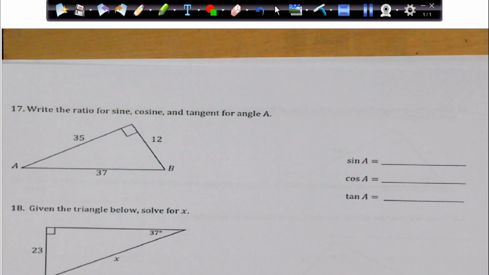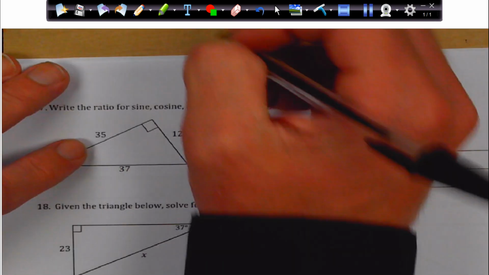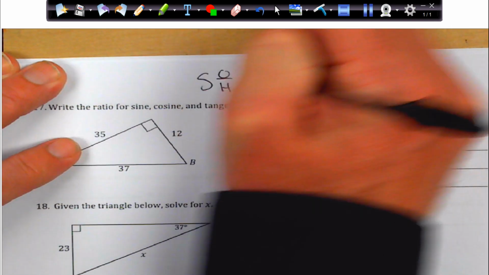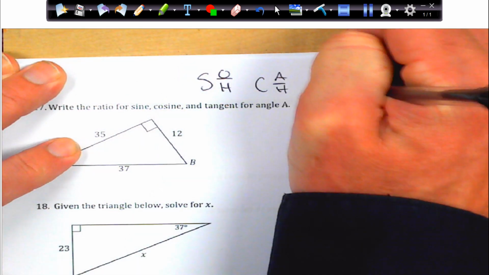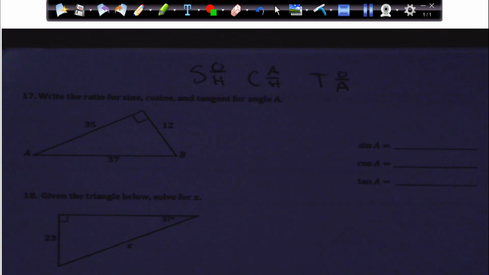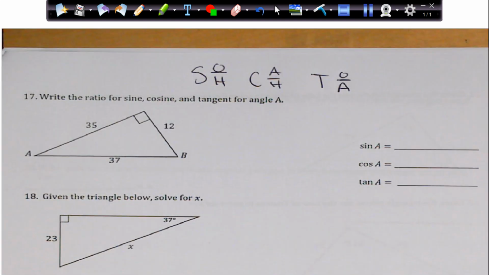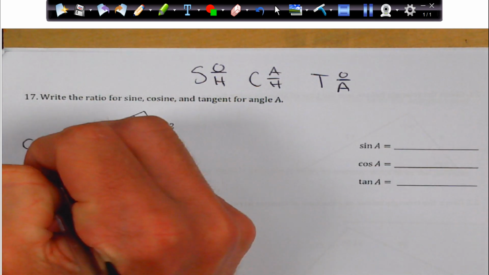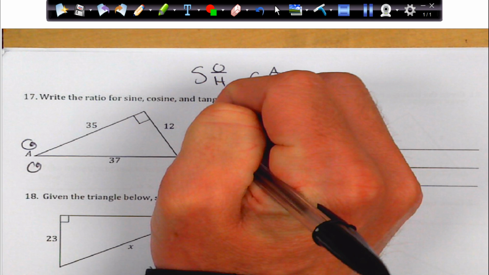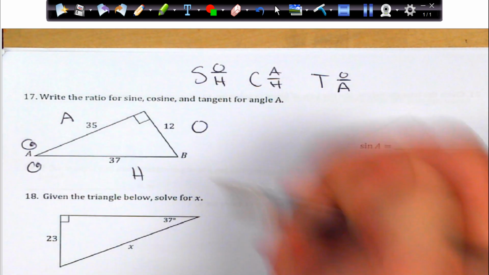All right. Write the ratio of sine, cosine, and tangent. So we know that it's SOH CAH TOA. And we're from the A. So the A is where we're going to put our googly eyes. We're going to put our googly eyes on A because it's looking at A. So from the perspective of A, this would be opposite, this would be adjacent, and this, of course, is the hypotenuse.